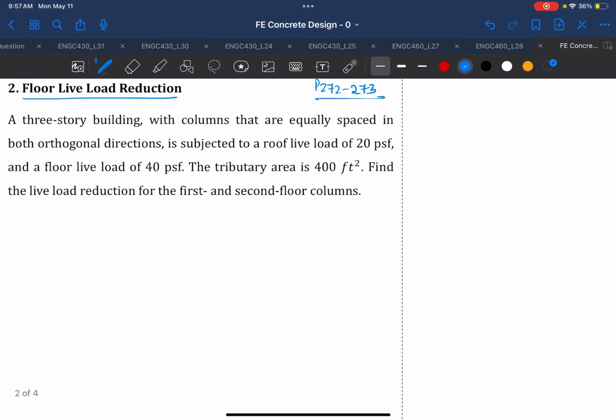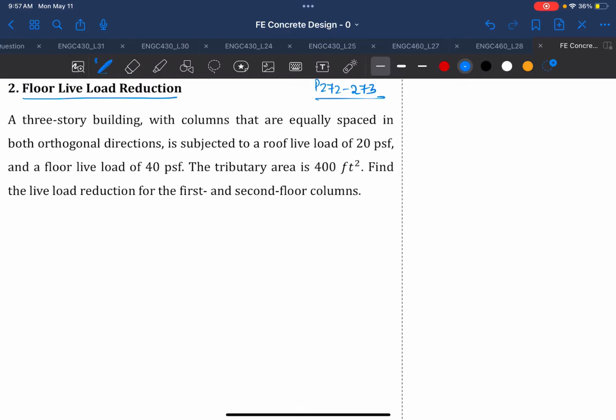So what does it mean? It means that if your tributary area, the area spread around in your column calculation or beam calculation, as you have learned in structural analysis, meaning how much of the area will be contributed or distributed to each member, your beam and your column, is so large, then the code permits you to use some live load reduction.